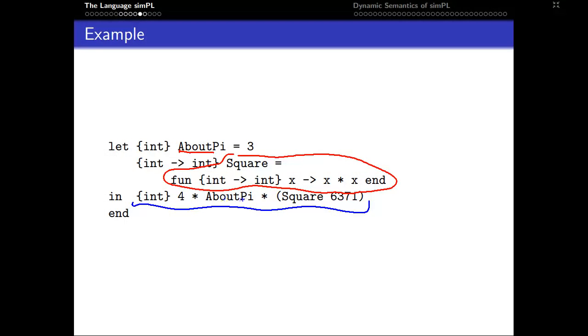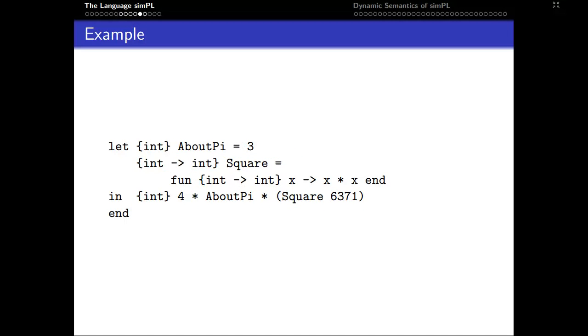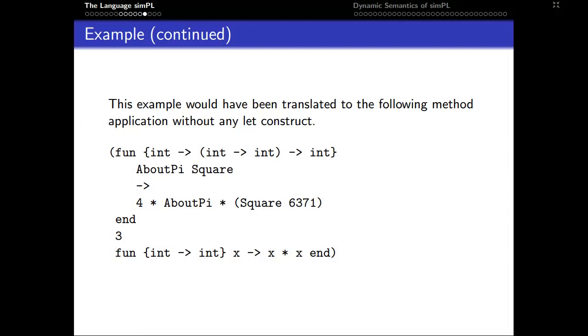So you see about pi appearing here and square appearing here. This blue expression is going to become a function definition with the arguments about pi and square, and that function will be applied to the definition of about pi and the definition of square. And this is what happens here.